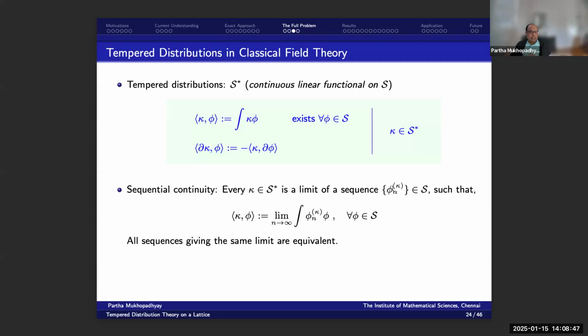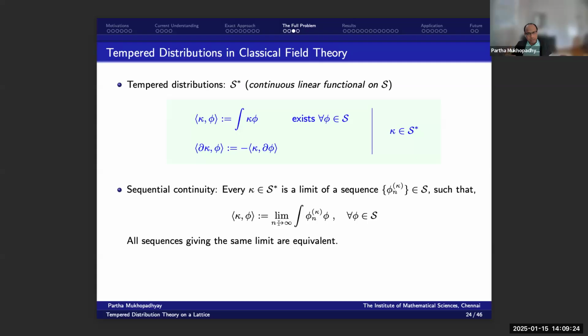We are all familiar that the Dirac delta function can be viewed as a limit of Gaussians or other nice functions. The more mathematically rigorous statement is that you have to construct a sequence in Schwartz space such that the limit of the integral exists, and all the different sequences that give you the same inner product in the limit are considered to be equivalent. So this is the structure that I will be using.